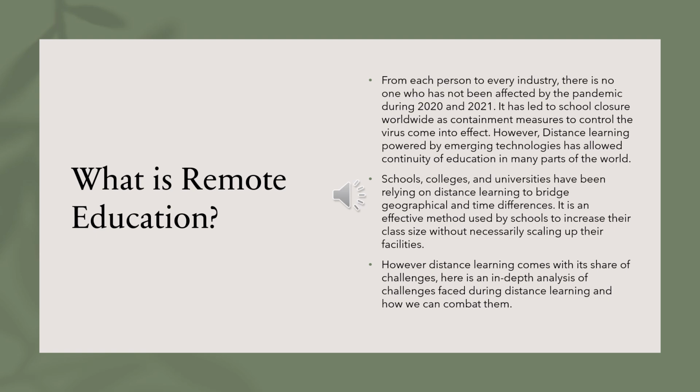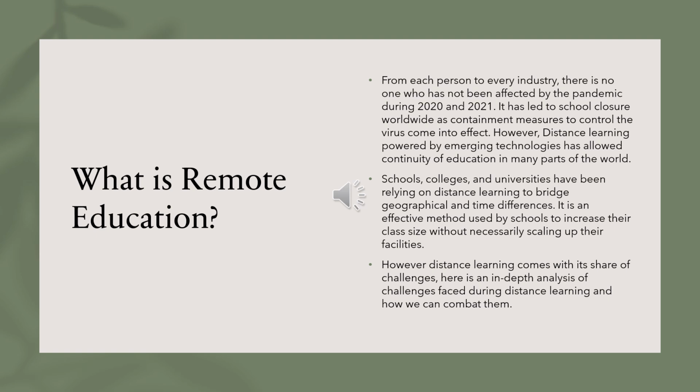From each person to every industry, there was no one who had not been affected by the pandemic during 2020-2021. It led to school closures, university closures, and even work office closures, to contain the virus and to ensure that the infections did not spread.